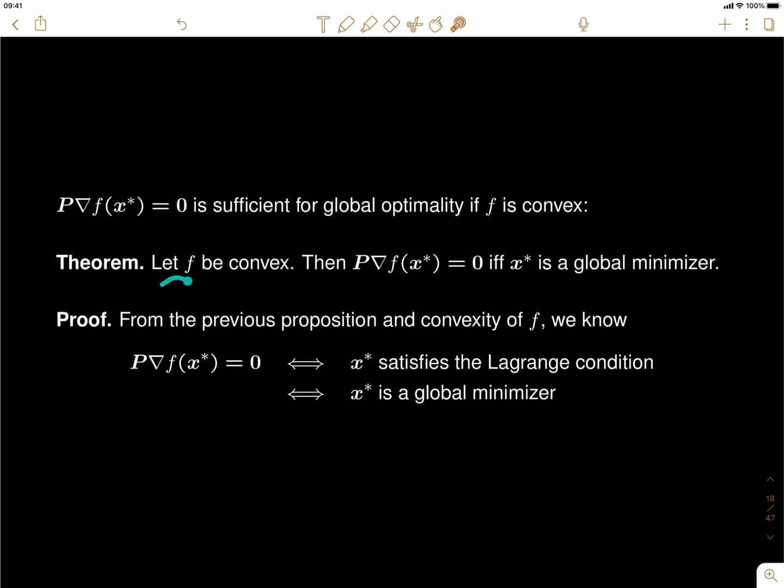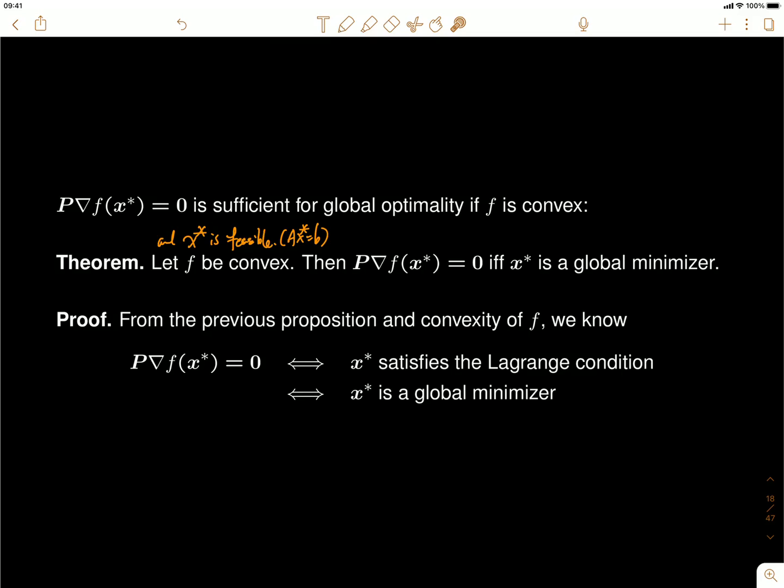Because f is convex, the theorem says that if f is convex, then this condition, together with x star being feasible, where feasible means that A x star equals b, is also sufficient, meaning that it equals 0 if and only if x star is a global minimizer.